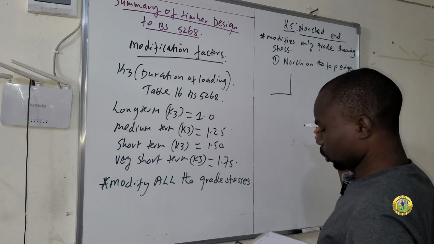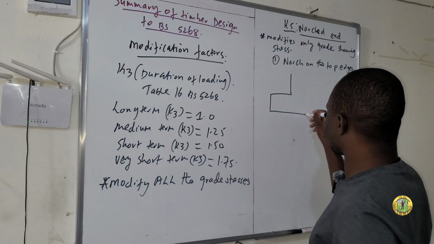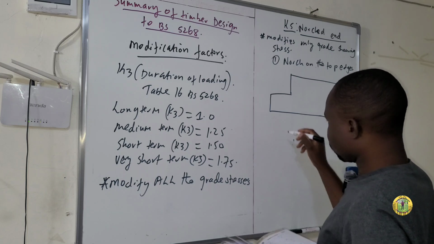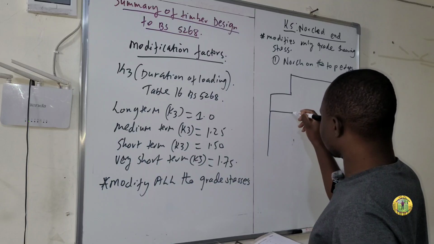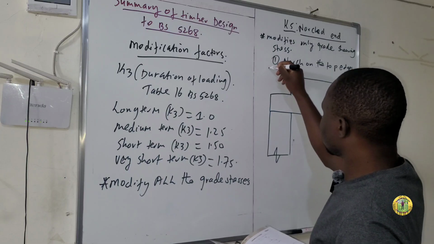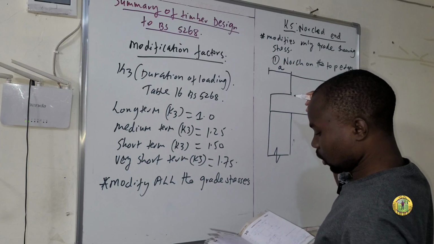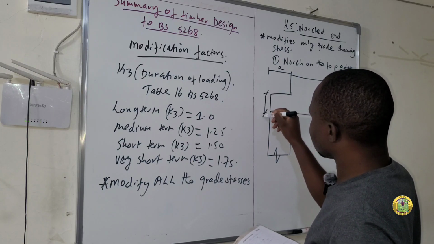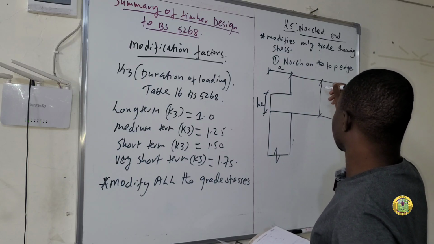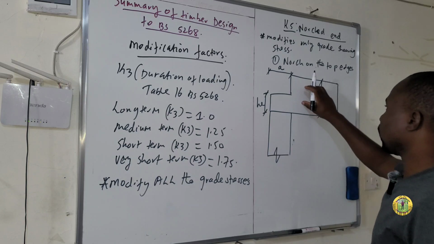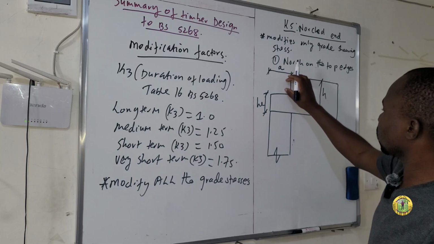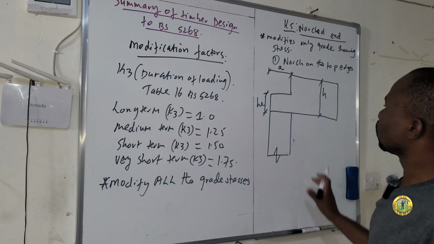I will use this sketch to illustrate. This distance is A, this one is HE, and this one is H. As you can see, this is a timber joist, and it has been notched at the top portion.